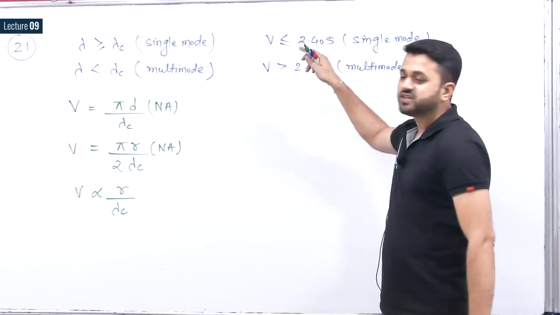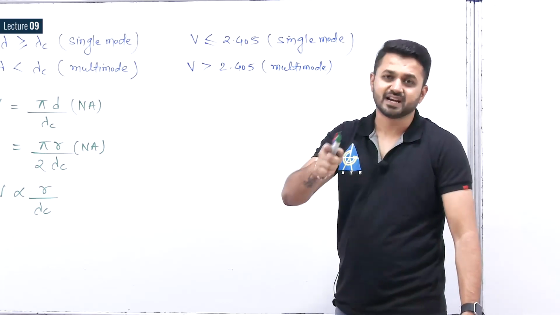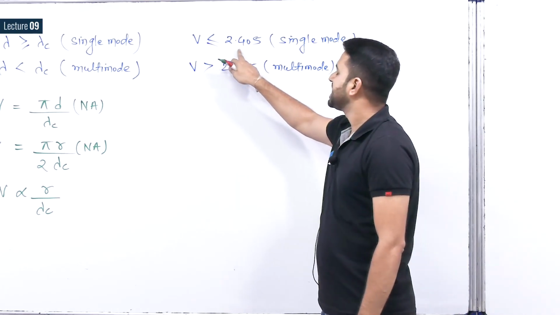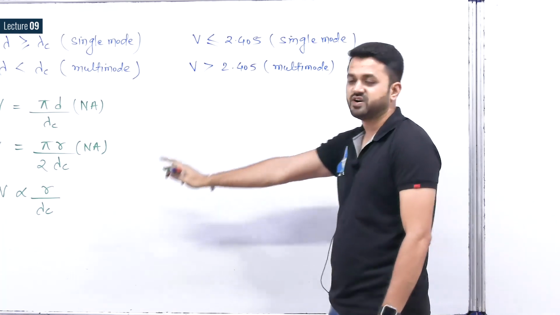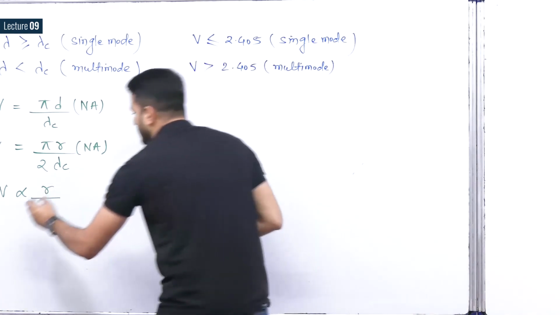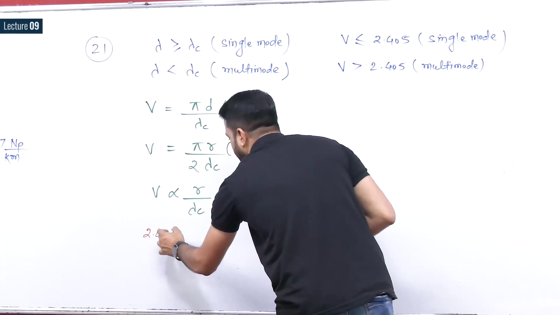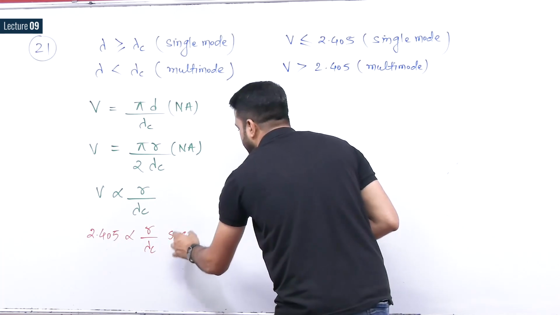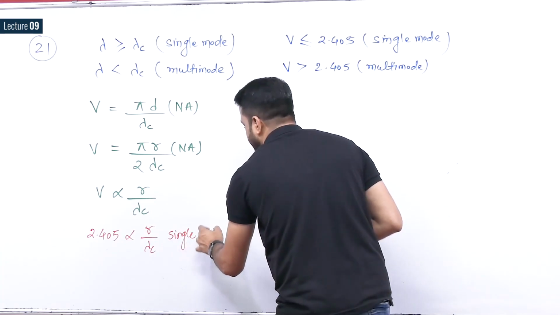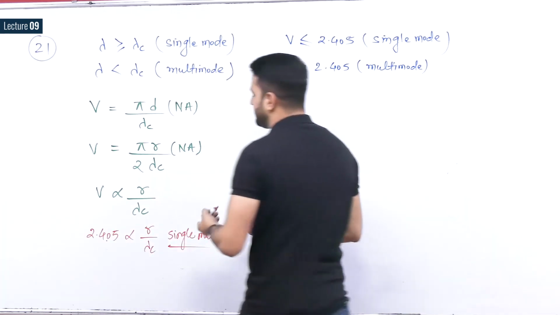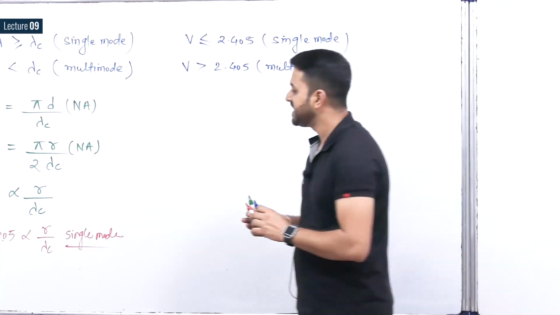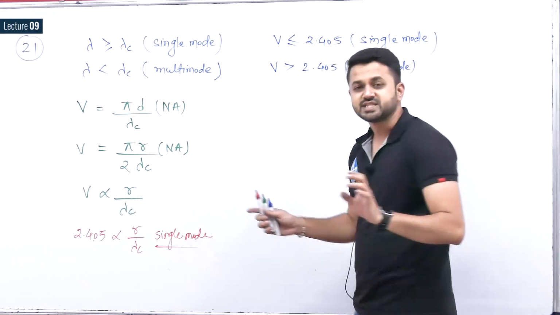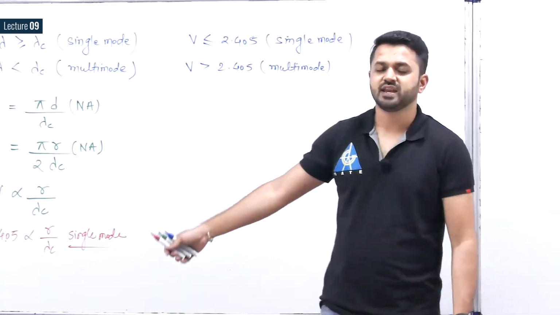And we don't want to have it in the single mode, we want to have it in the multi mode. That means when V is exactly 2.405, it works in a single mode. Okay, so this is the case when it works in a single mode.